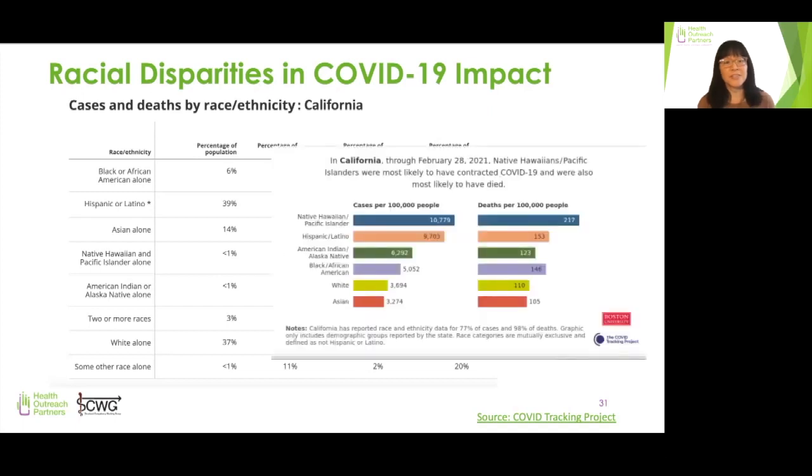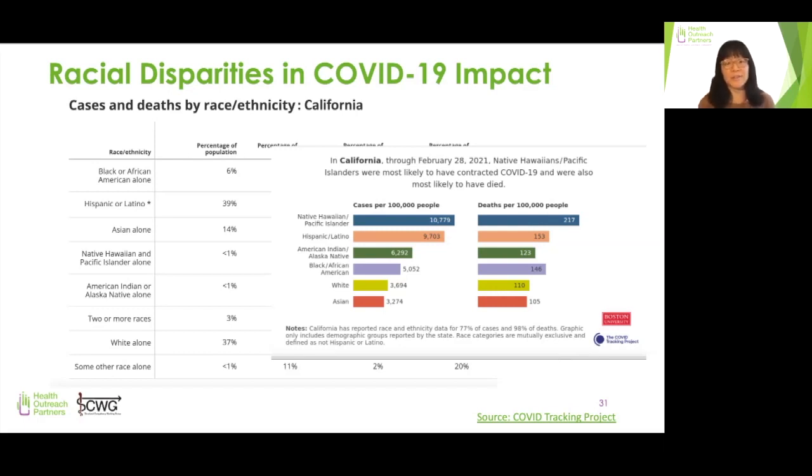What these percentages really mean, by the end of February of this year, is that despite the lower percentage numbers we were seeing by cases and deaths, the Pacific Islander and Native Hawaiian population are being devastated by COVID in terms of mortality, and then also Latinos, Indigenous, Black, white, and Asian.